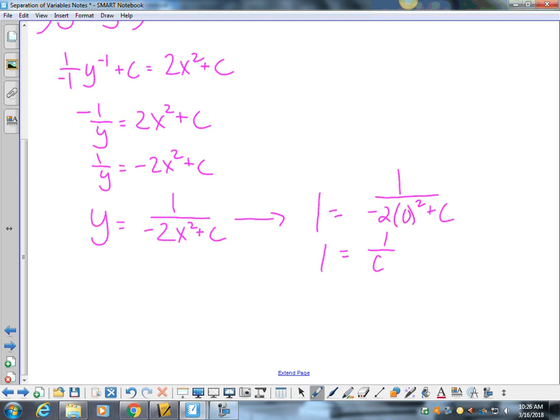So if I flip this and flip the other side, c is going to equal 1. Or you can multiply both sides by c and then divide by 1. Either way, you get c equals 1.